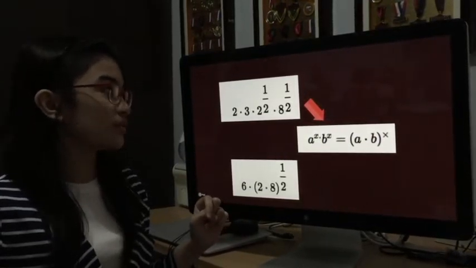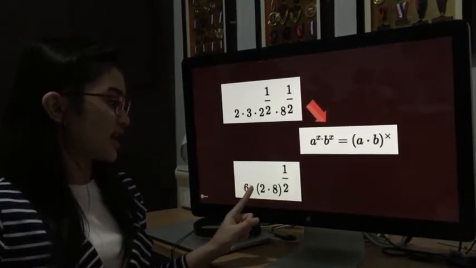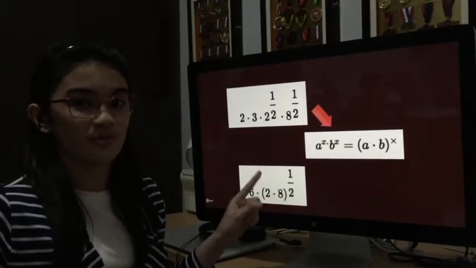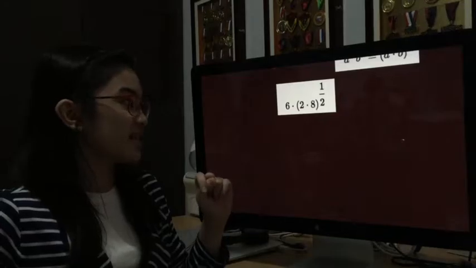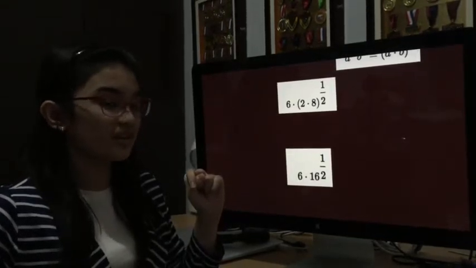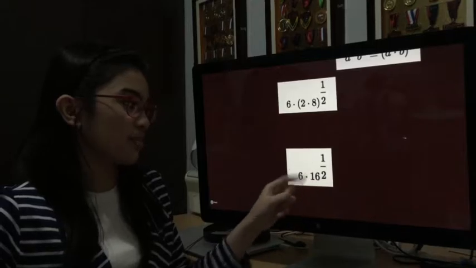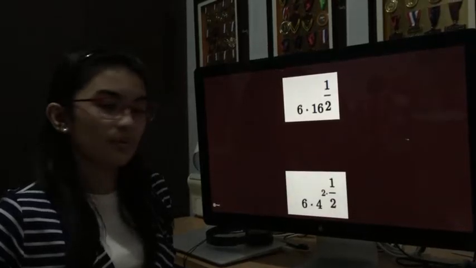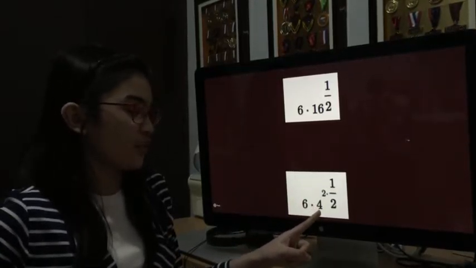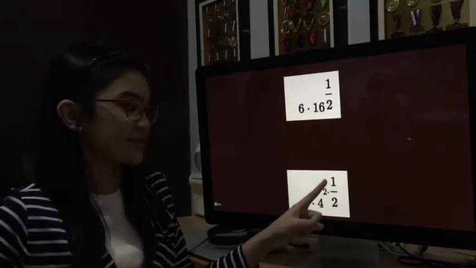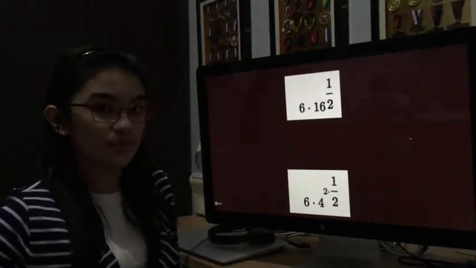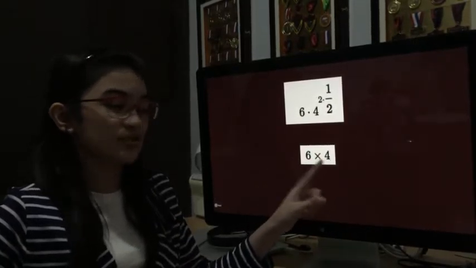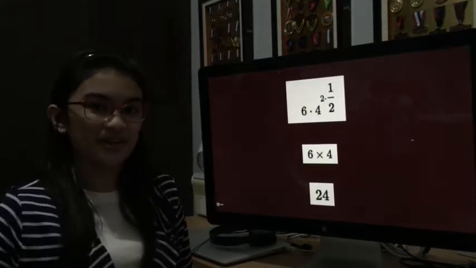So this will be equal to 2 times 3, 6, times the quantity of 2 times 8 to the power of 1/2. 2 times 8 is equal to 16, so we will be left with 6 times 16 to the power of 1/2. 16 is equal to 4 squared, so we can say 6 times 4 to the power of 2 times 1/2. 2 times 1/2 is equal to 2 over 2, which means we will be left with 6 times 4, which is equal to 24.